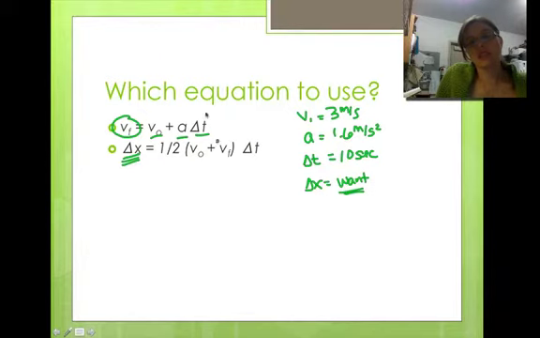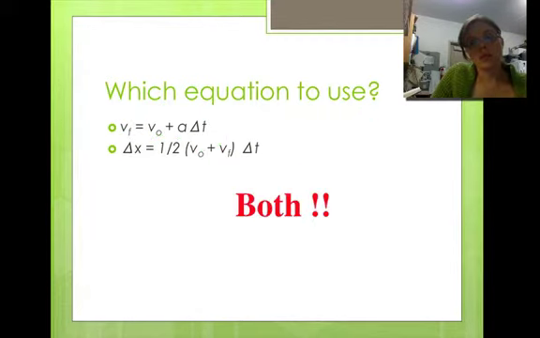And to get change in x with the two equations that we have right now, we'll need VF. So we can solve for VF and plug it in, which is essentially what we did with the graph anyway. We solved for the final velocity, which happened to be 19 meters per second, and then we plugged it in. If we take these two equations and substitute this whole equation in for VF, we get our third equation. So we'll have to use both equations.